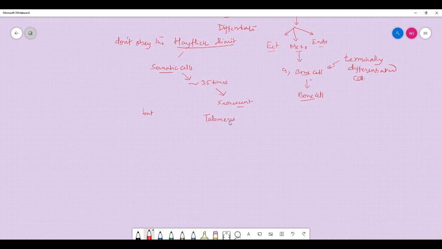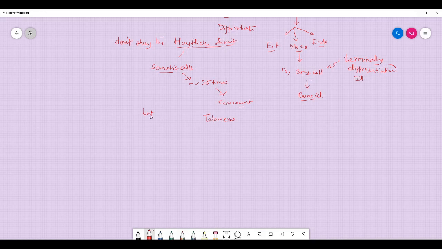Telomeres are the ends of chromosomes. With every division, they reduce in size. By 35 times, they are completely lost. And if telomeres are lost, a cell cannot divide.